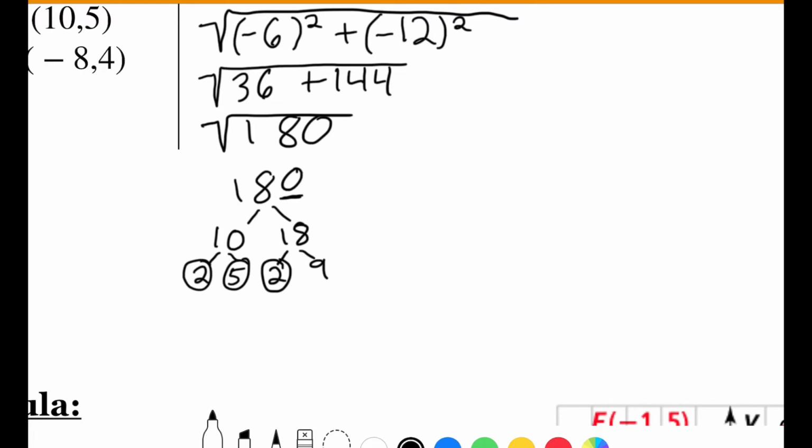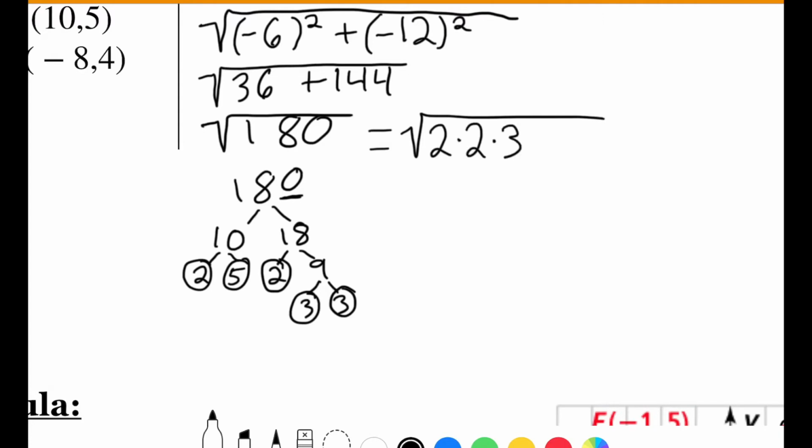What I mean by evenly, dividing it by a different number and it giving you a whole number. So for 9, 3 times 3, and 3 is prime as well. So this radical turns into 2 times 2 times 3 times 3 times 5.